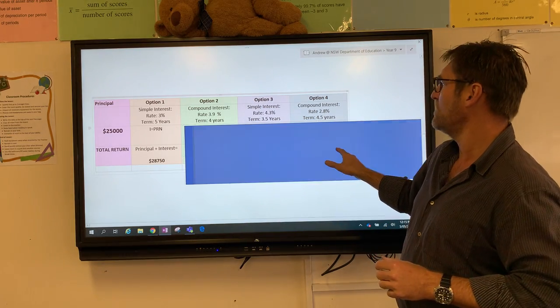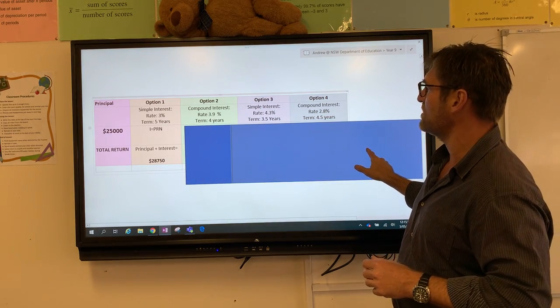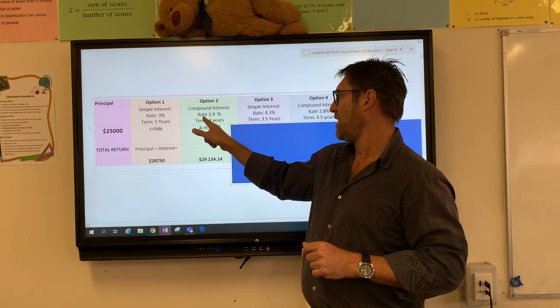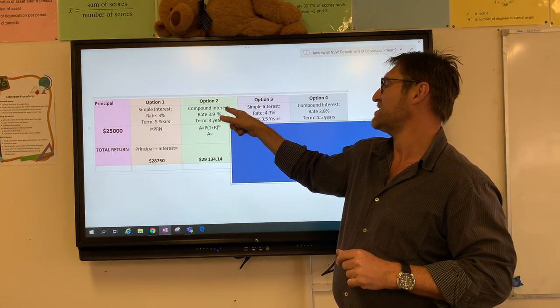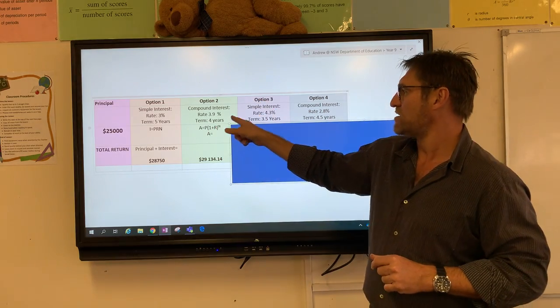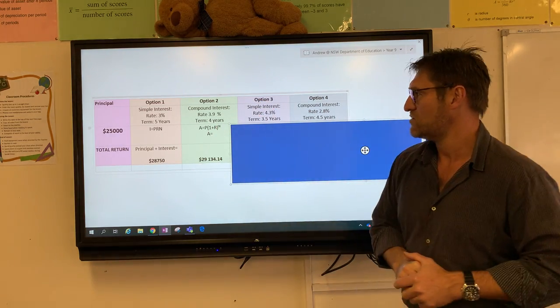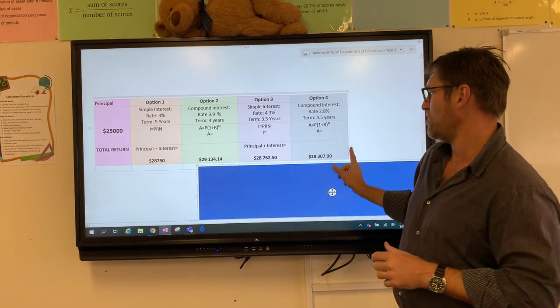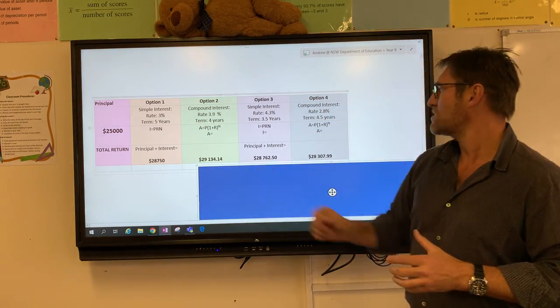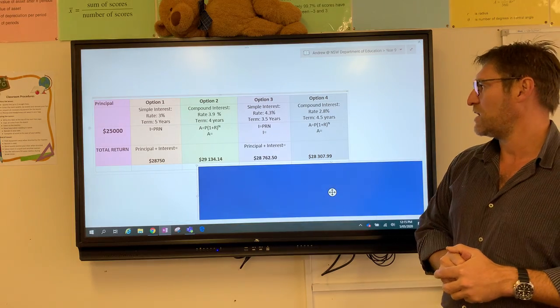Option 2 was compound interest. So P was 25,000 into the formula, 1 plus 0.039 to the power of 4, then answer 2, answer 3 and answer 4. Let's have a look. Comparing all those, it looks like option 2 made us the most amount of money.